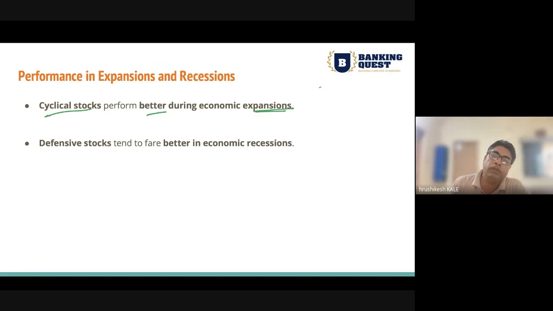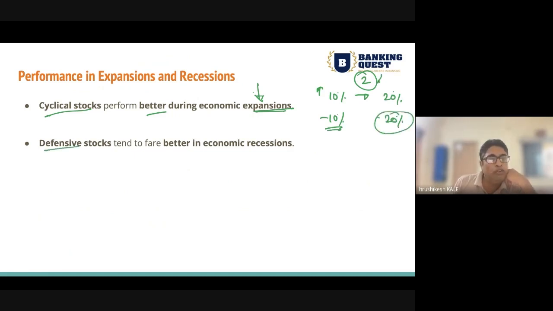Why? Because their beta is greater than 1. So if Nifty increases by 10%, they will increase by 20% because beta is 2. But when an economic depression or downturn is going on, when the market goes down by 10%, your Infosys stock will also go down by 20% because beta is 2.